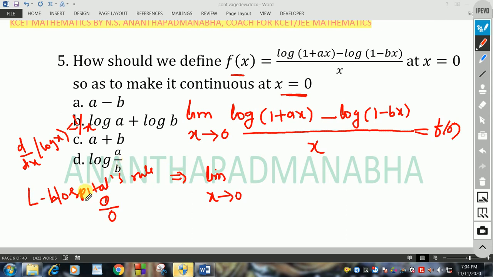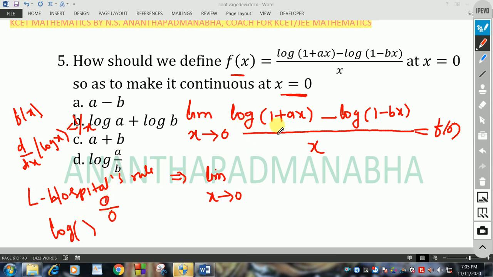If you have log of something, its derivative is 1 by something into d by dx of something. That is, if you have f of g of x, I have to differentiate it as f dash of g of x into g dash of x. So this is called the chain rule.